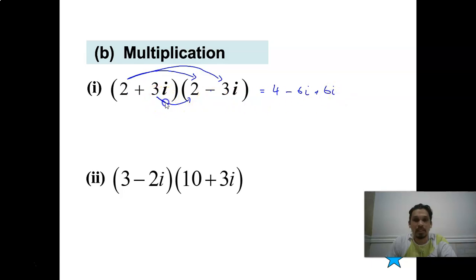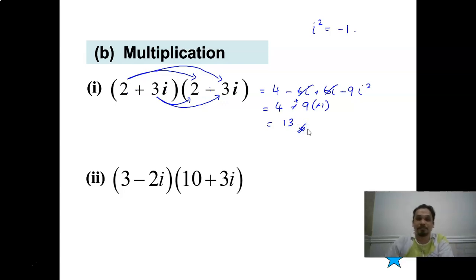And 3i multiplied with negative 3i, positive times negative is negative, 3 times 3 equal to 9, and i times i is i squared. So negative 6i plus 6i cancels. So 4 minus 9 i squared. Don't forget that we agreed that i squared equal to negative 1. So multiply with negative 1, negative times negative is positive, so 4 plus 9, 13.